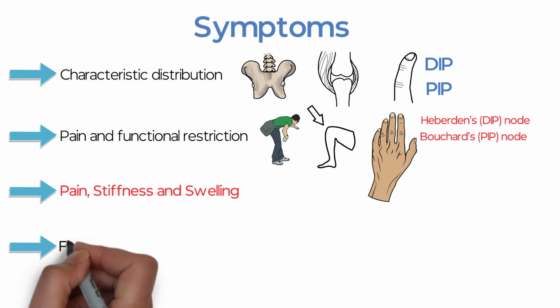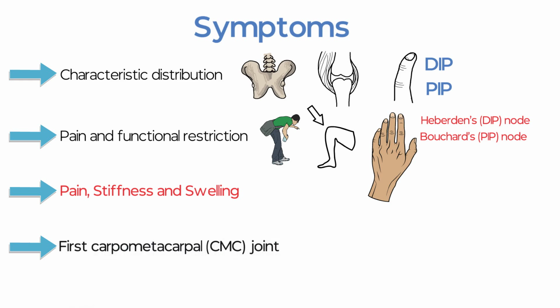Involvement of the first carpometacarpal joint is also common, leading to pain when trying to perform actions like opening bottles and jars, and thus causing functional impairments.